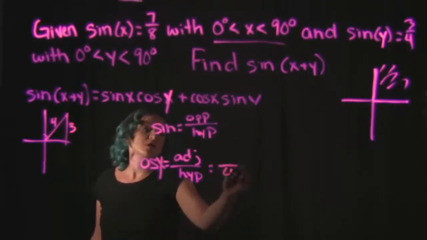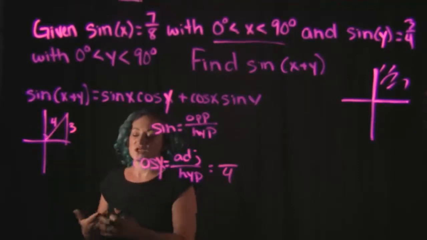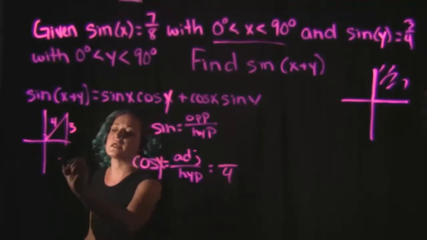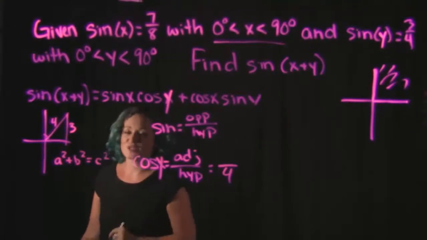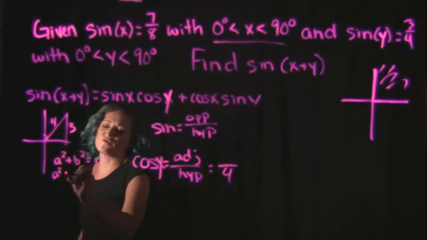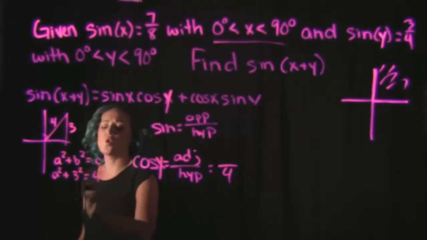We do know that 4 is going to be our denominator since 4 is our hypotenuse there. We just need to figure out what our adjacent side is. And we are once again going to use Pythagorean's theorem in order to figure this out. So let's solve for A, saying that B is a 3 and C is a 4.